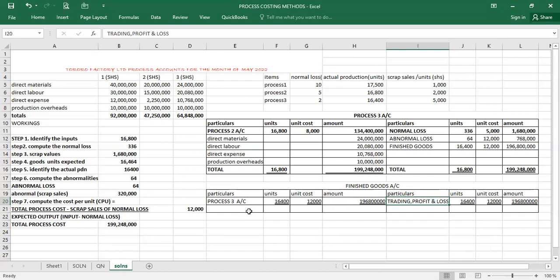We put all of them here, the normal losses, because this account is going to be having normal losses. Normal loss account. So we bring all these figures you are seeing here. We bring even the units. We sum them up from here.